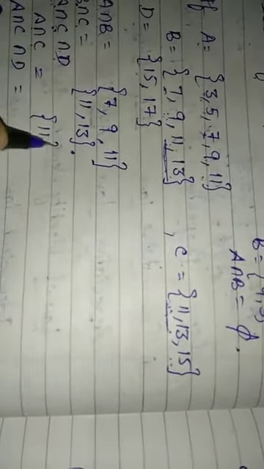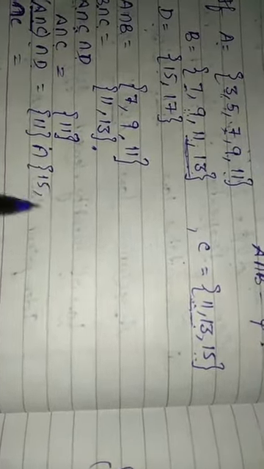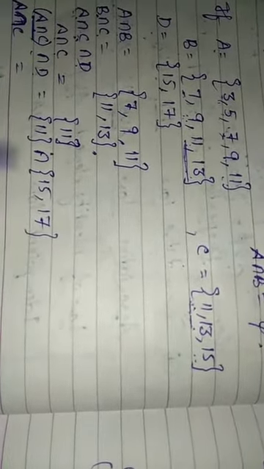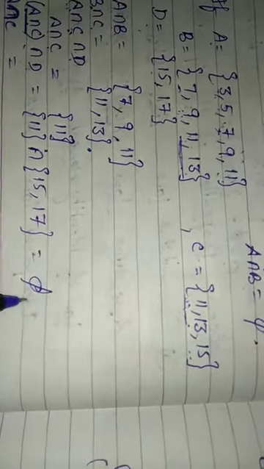So 11 is common. Then A intersection C intersection D: A intersection C is 11 and D set has elements 15 and 17. So what is common in these two? Nothing. So we will take the empty set.